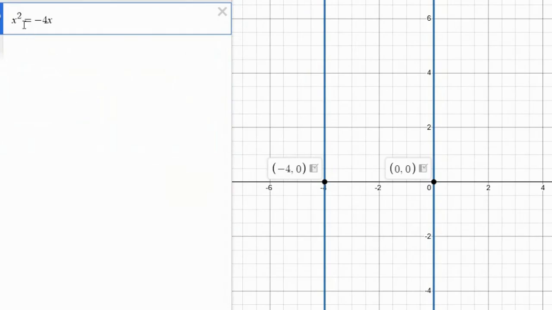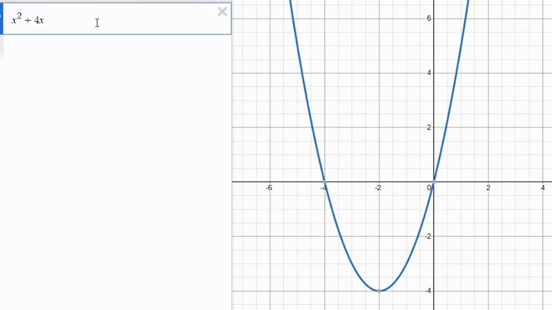If we want to set this up like a y equals, when we moved it over, we had x squared plus 4x. See, that looks more like a parabola now because we've got the equation set up where we don't have an x on both sides. We can say equals y or equals f of x. But again, we find the solutions, the roots, the x-intercepts to be negative 4 and 0.